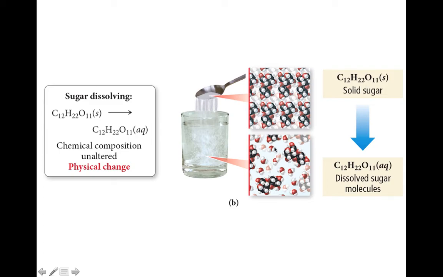So here are these water molecules which are surrounding the molecule of sugar, and so we say that it goes from solid to aqueous. So it's changing its state, but not its actual composition, that is, it's all still sugar. Can you see that? There's a sugar molecule, here's a sugar molecule. That makes this a physical change.